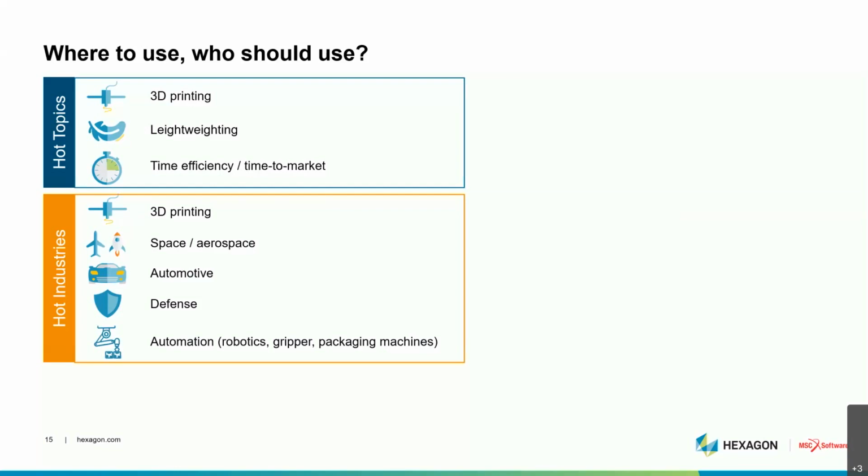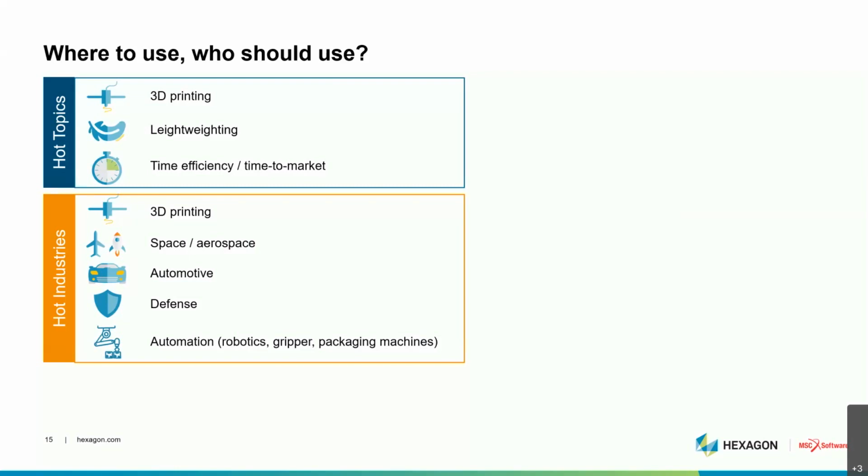Everywhere where you are dealing with 3D printing, there is a need, or at least the possibility to use our software to get better designs. And this can be in the space or aerospace market, in the automotive market, maybe not for mass production. You know that additive manufacturing is more for small or medium batches, but for high performance cars or for individualization, etc., then automotive is there as well.